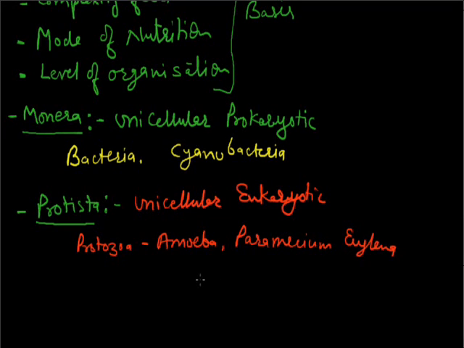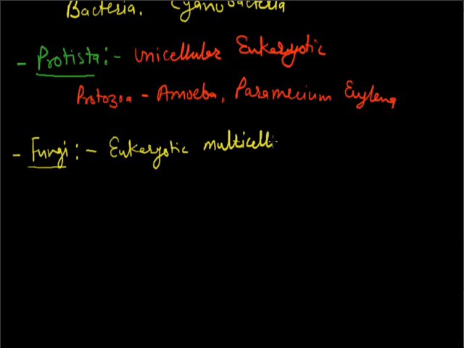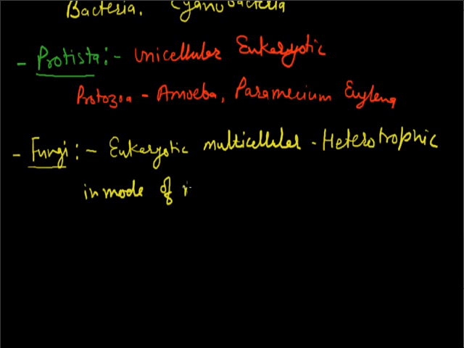These living beings we call Protista because they are unicellular and eukaryotic. Now, the third group we call kingdom fungi. In the case of fungi, these living beings are eukaryotic, multicellular, and heterotrophic in mode of nutrition. Examples of fungi are Aspergillus and Penicillium.